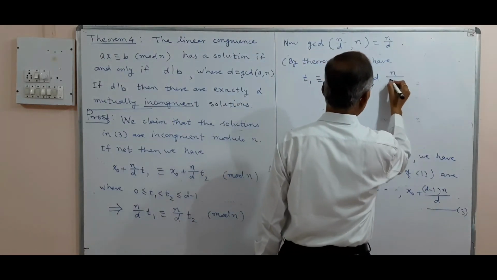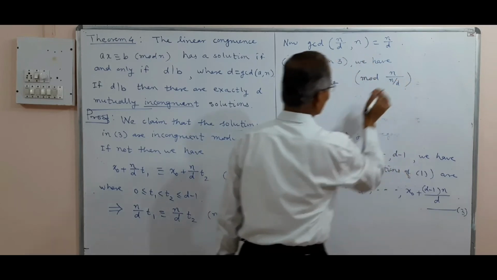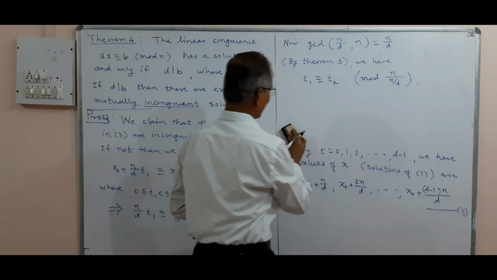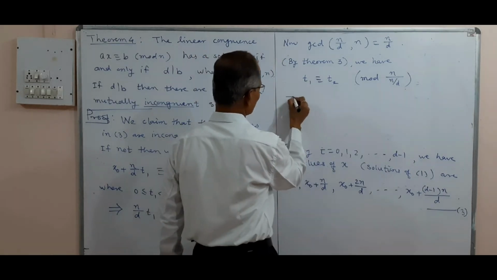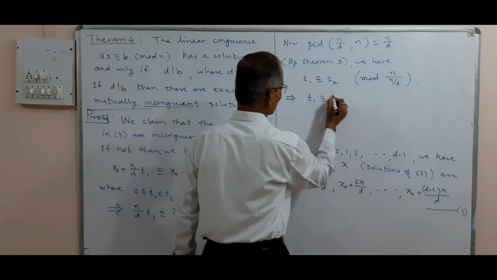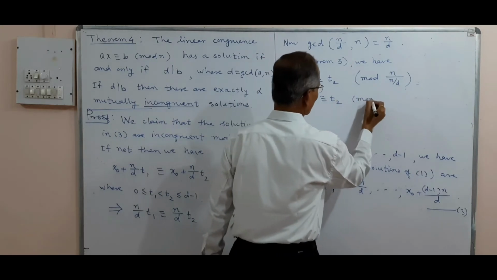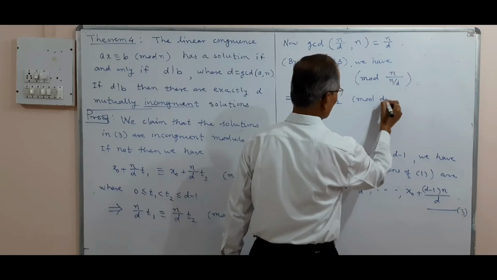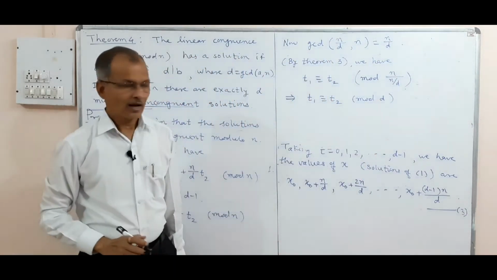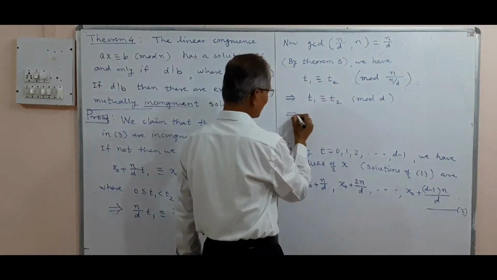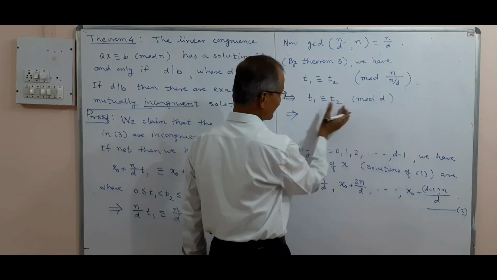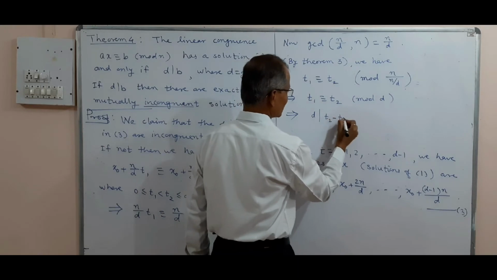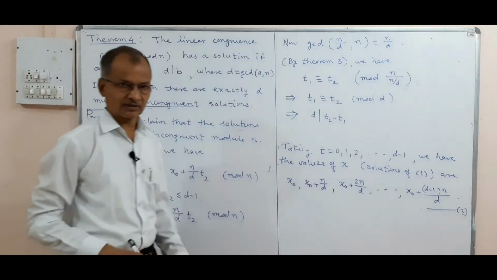N divided by N by D is D. So this implies t1 is congruent to t2 modulo D. Check it. And again, by definition of congruence, this implies D divides the difference of these two, so D divides t2 minus t1 or t1 minus t2, it is the same.